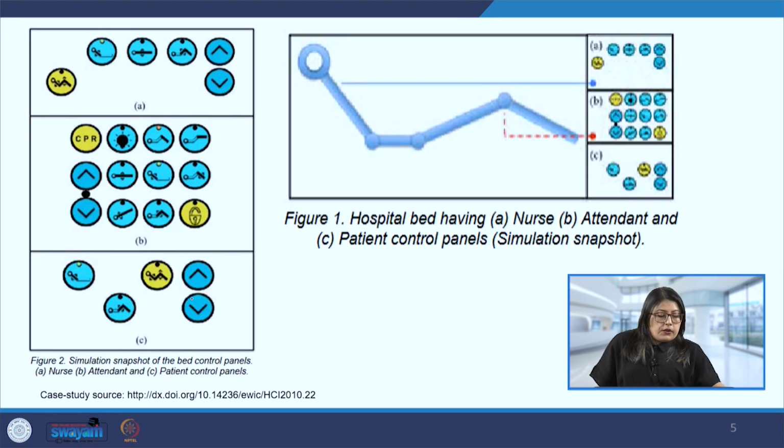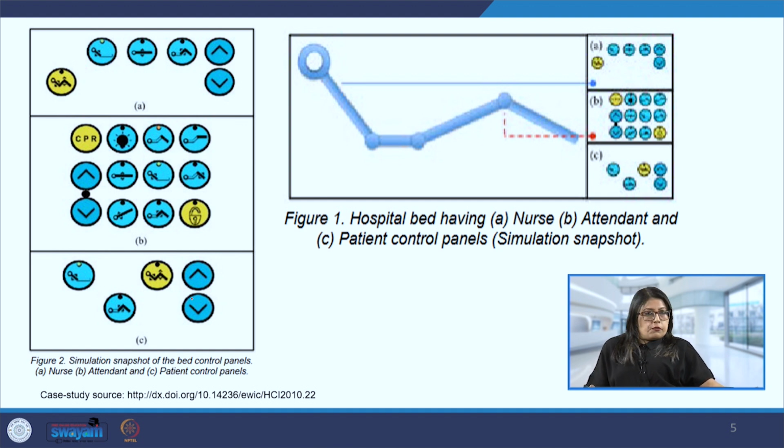Now here we can see in this image on the left, figure 2, a simulation snapshot of the bed control panel. The first panel is for the nurse, the second for the attendant, and the third for the patient, so A, B and C. You may notice that the number of buttons is different on each of the panels.